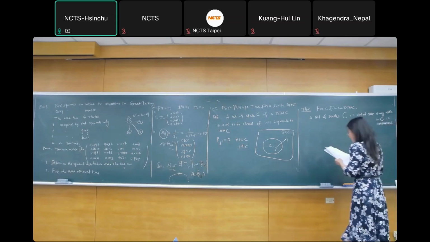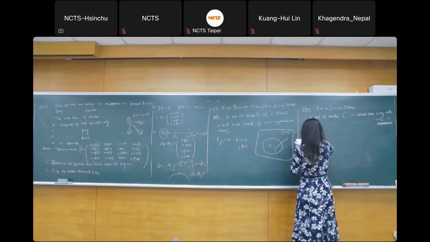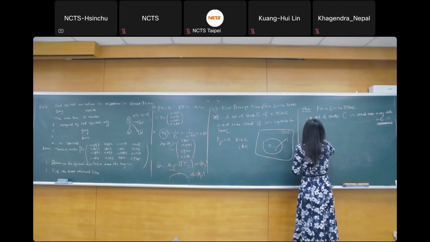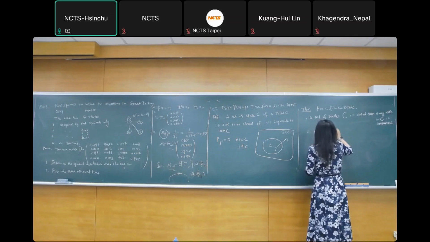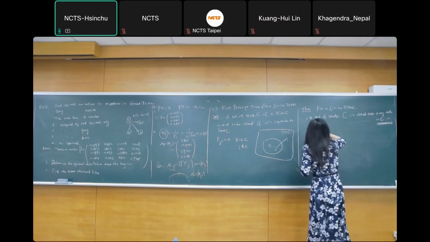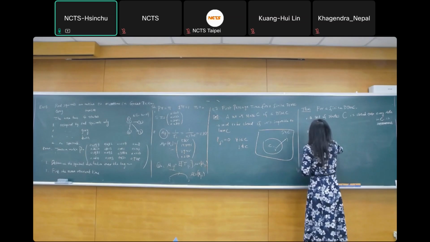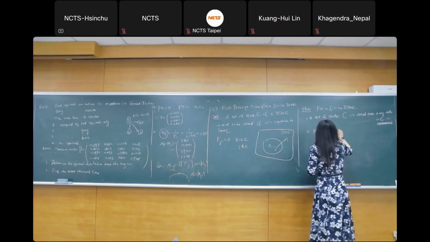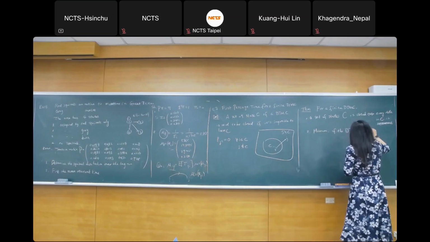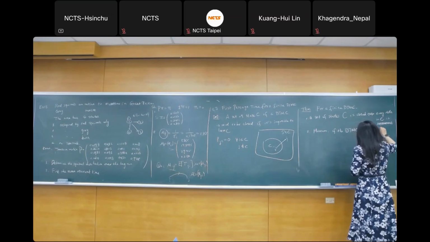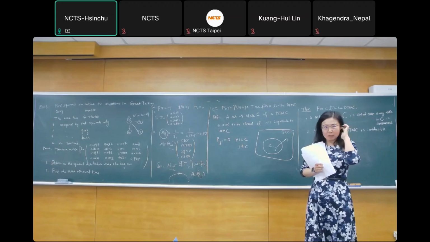Second thing. Furthermore, if you have an irreducible finite state chain. Think about a graph. Irreducible means what?